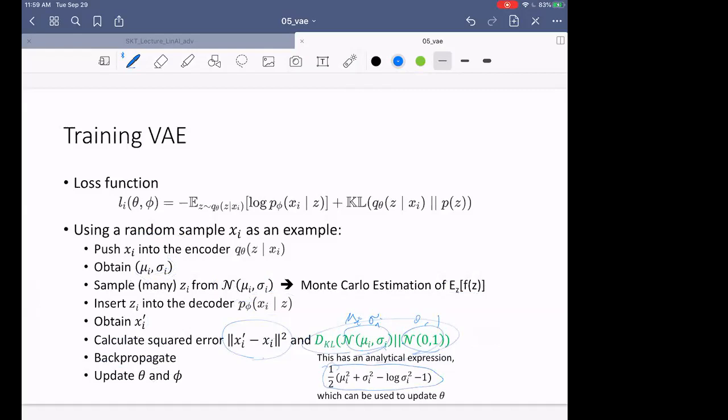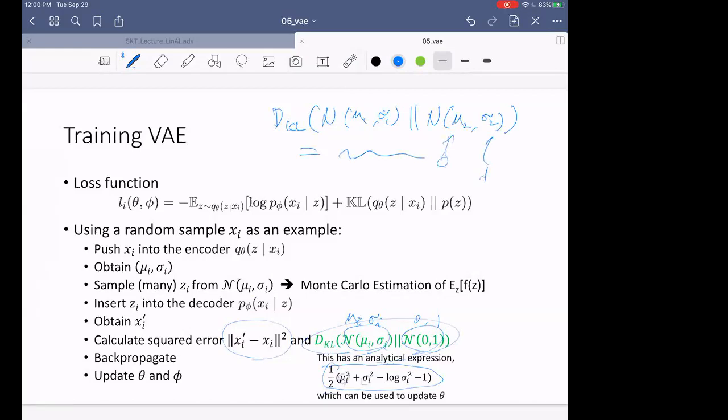You can look up the general form of the KL divergence between two Gaussian distributions, D_KL of N(mu 1, sigma 1) and another Gaussian N(mu 2, sigma 2). There's a general solution, and if you just plug in 0 and 1, you arrive here, which is a pretty simple format, right?